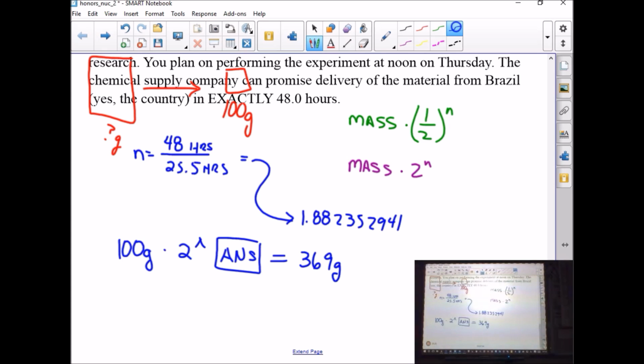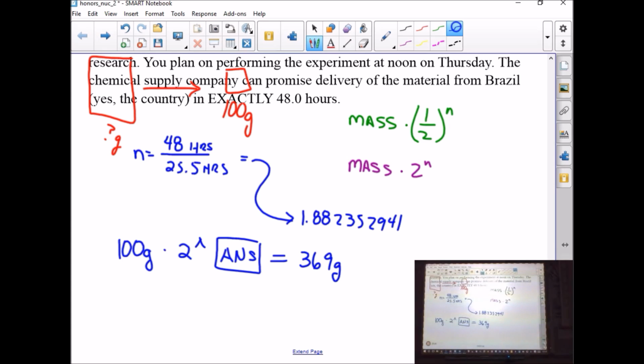So the answer button will give you the last calculated value. You can type all this in and then hit your answer button, and it'll still retrieve this value for you. You should never, ever retype values into your calculator, especially if it's the last thing that you just calculated. So 369 is how many grams we're going to have to order.